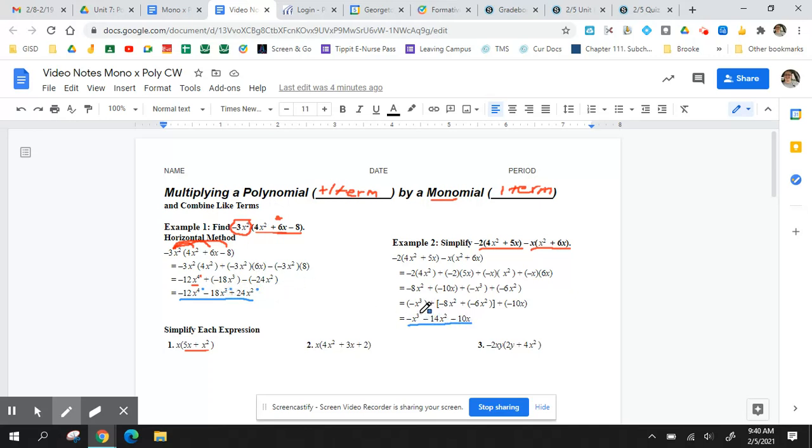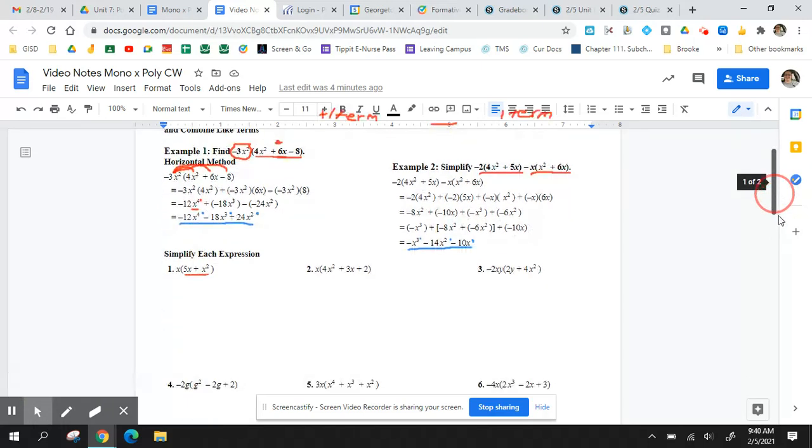Here, our highest exponent was a 3, and then we had x squared, and then we had an x. Remember, that's just to the 1. And if we had a number behind it, then it would follow because it does not have an exponent. So again, when we go to write these answers, just keep in mind that we want to write it with our largest exponent first and then going down. All right, so let's get started. Let me scooch this down real quick so we can see our problems.